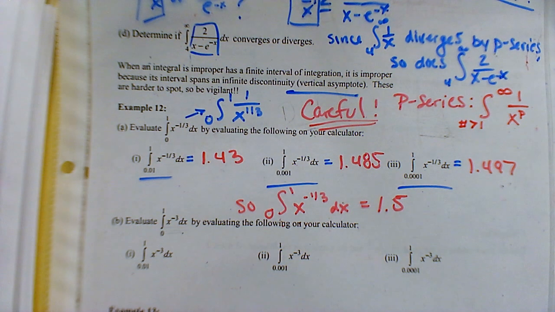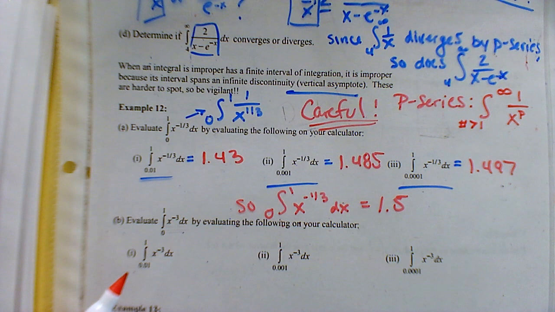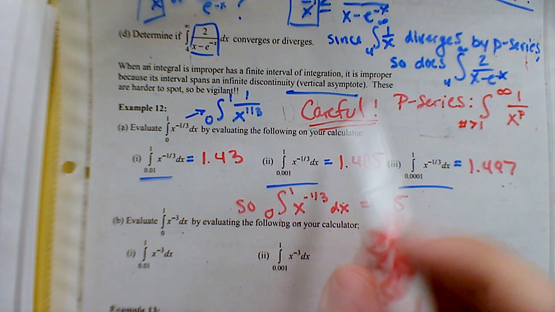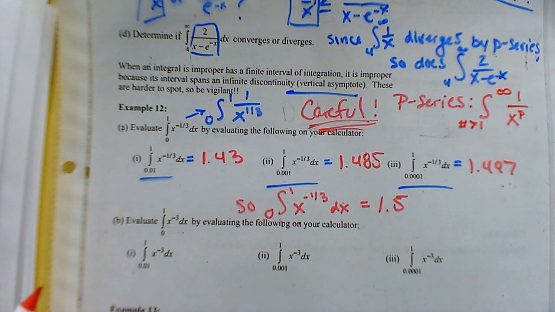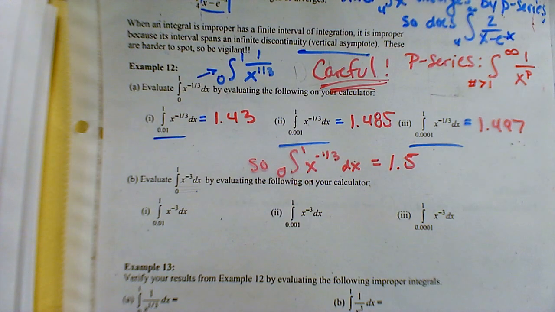Notice how that's not the case here, because we have from 0 to 1. So I know it looks like a p-series, and eventually when we get to the next chapter, your mind is going to go straight there, which is good, actually. But you got to be careful, because the bounds are important. Do we see the difference between the two? Okay, let's go ahead and try the next one.